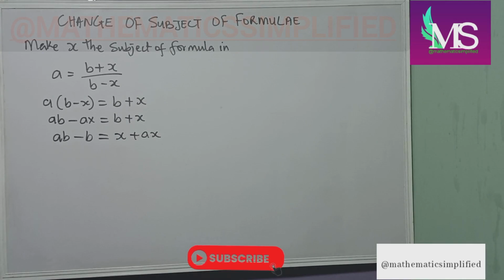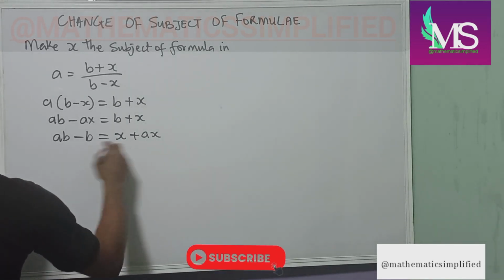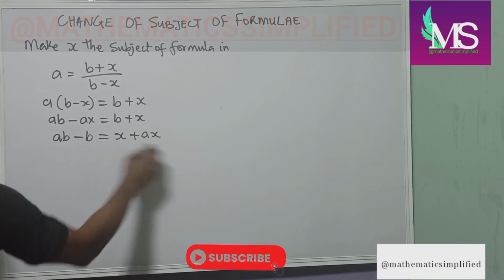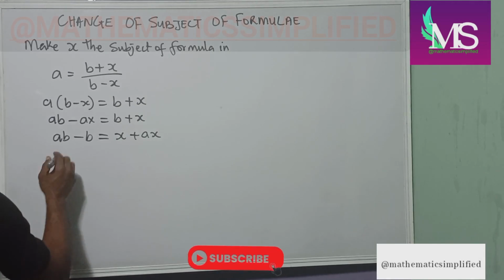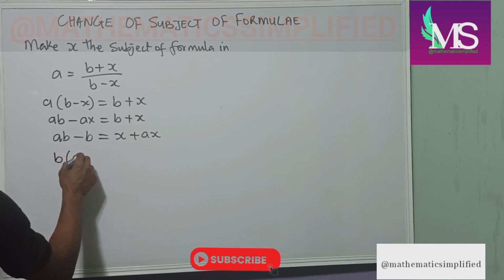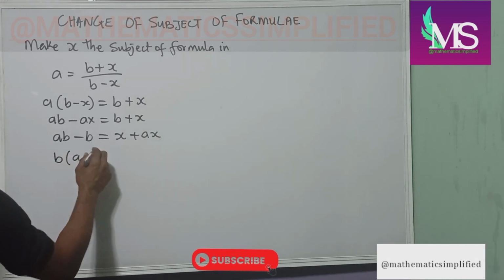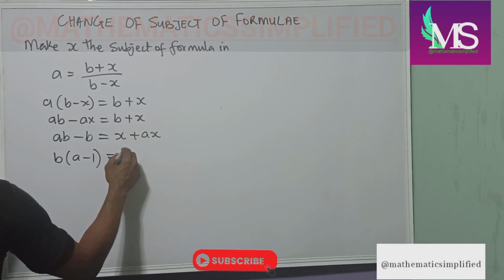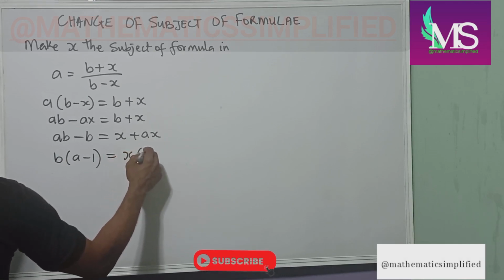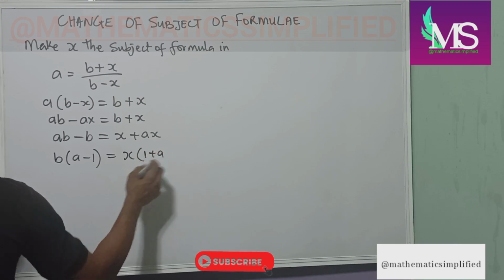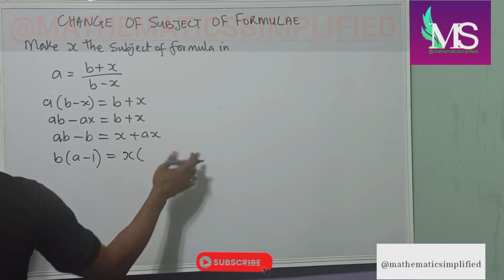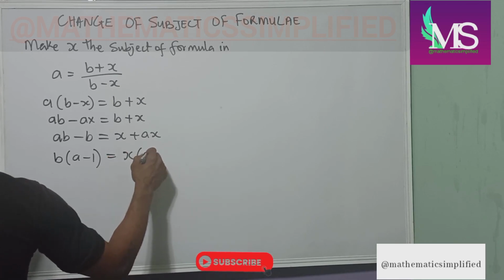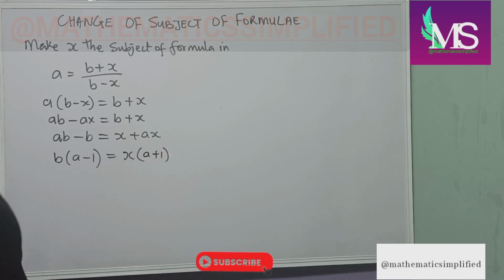From here, we will now do factorizing each and every one of these. What's common here? b bracket a minus 1. What's common here? x bracket 1 plus a, or a plus 1. Since both are positive, it can be interchanged, a plus 1.